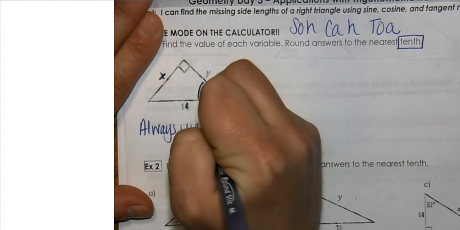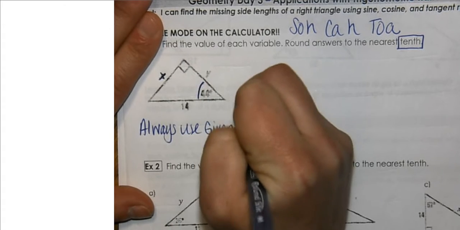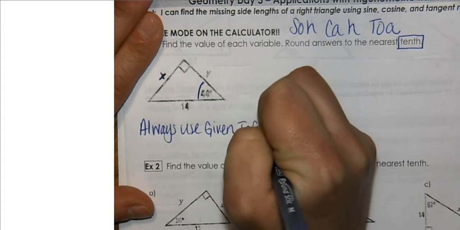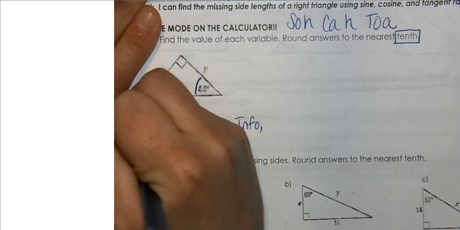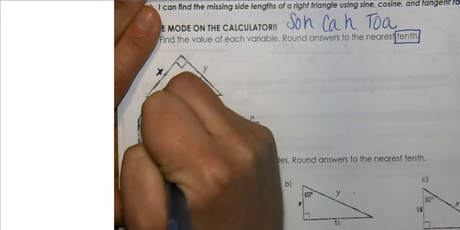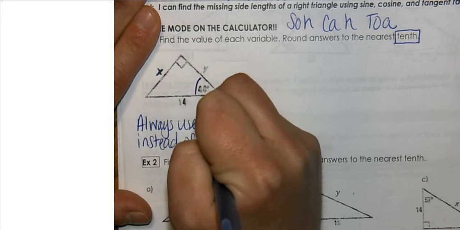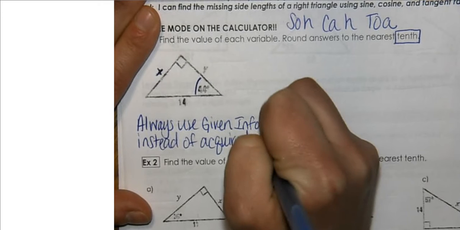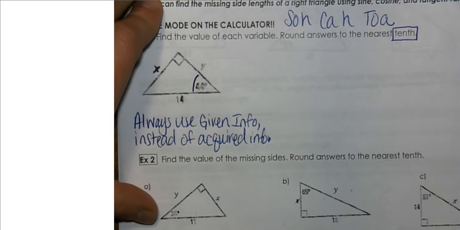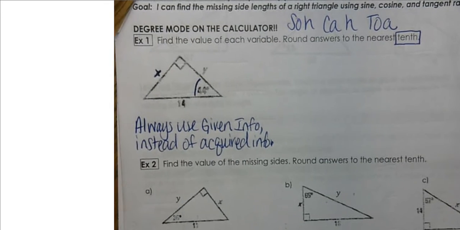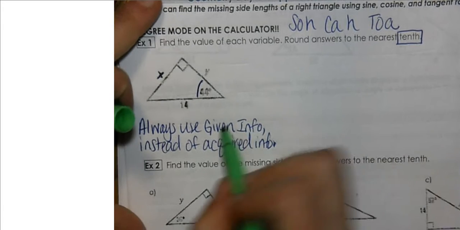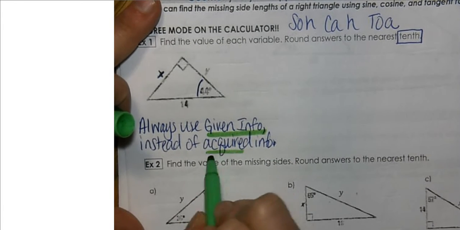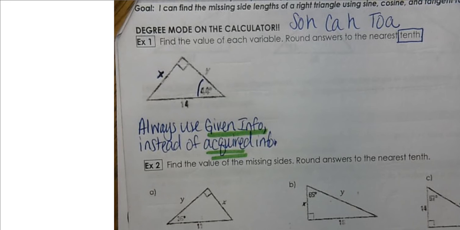Always use given information instead of acquired information. Acquired information means information that you received from a previous step, just in case you make an error along the way. So we always use given information instead of acquired information unless we have no choice.